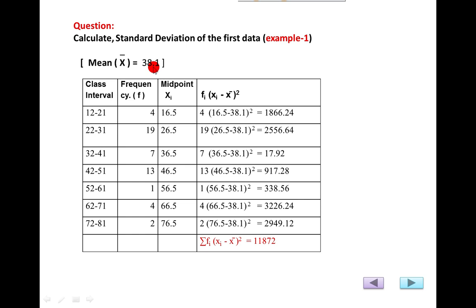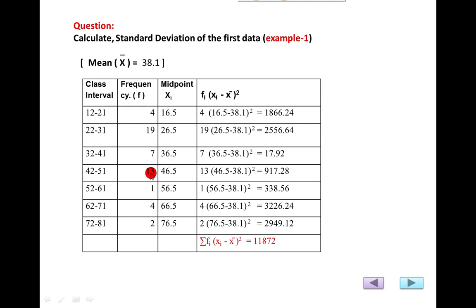Mean is 38.1. You can check in your previous videos on mean, median and mode. If you have the data, first we will calculate the mean, but you have already calculated the mean. And this is the frequency distribution table.